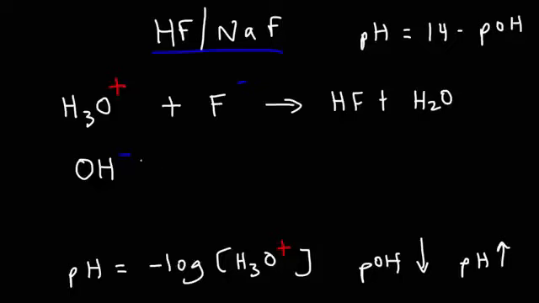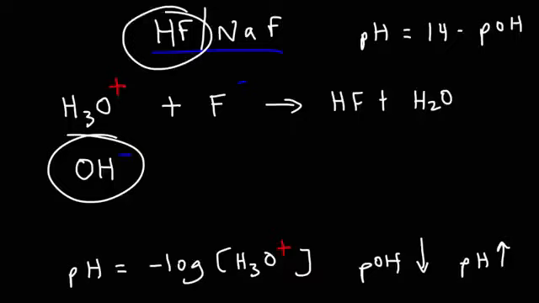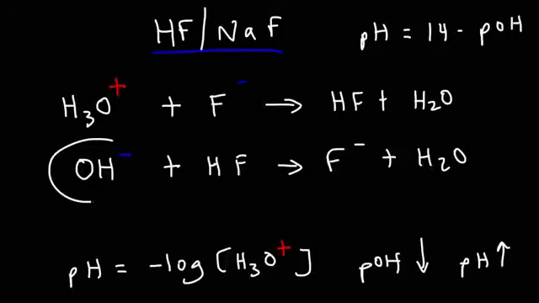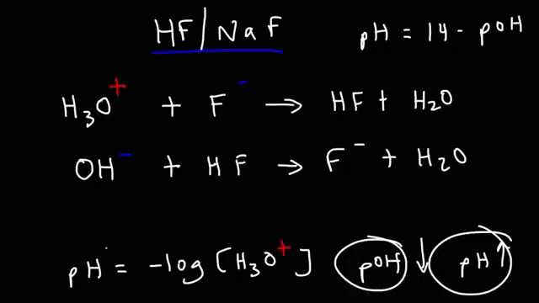Now, once you add hydroxide, it's going to react with the weak acid component of the buffer. So it's going to react with HF. HF is going to quickly consume the hydroxide ions, creating fluoride and water. And so because HF quickly reacts with hydroxide, we're not going to see a sharp decrease in the pOH of the solution, nor will we see a sharp increase in the pH.